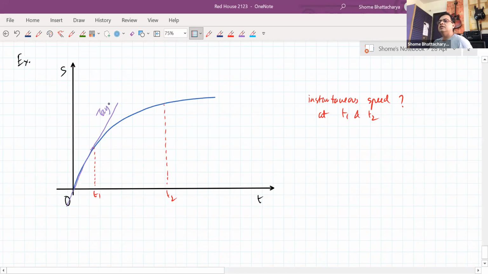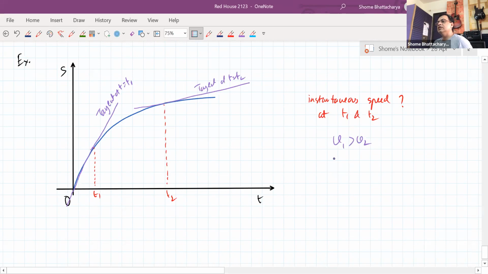So this is the tangent at t equal to t1. And correspondingly, the tangent at t equal to t2 will be like this, let's say. So you can see that v1 will be greater than v2.